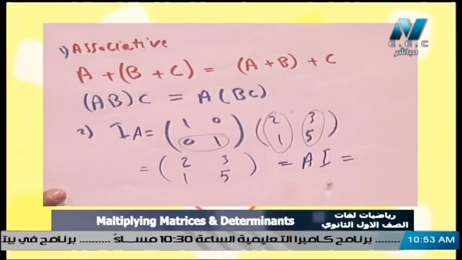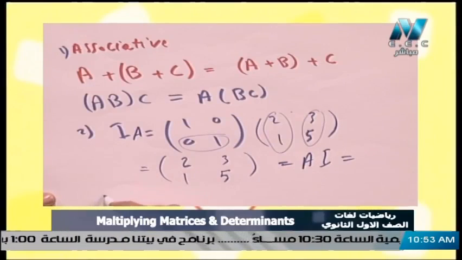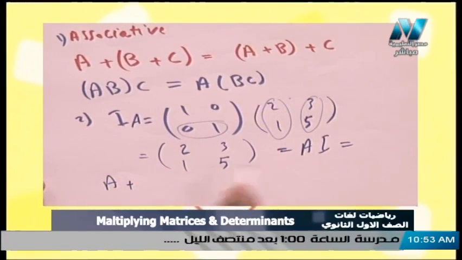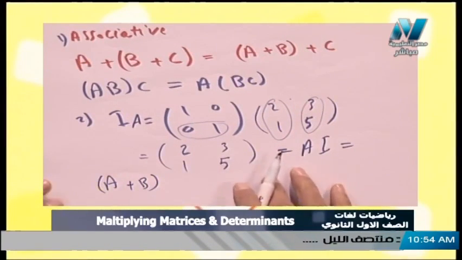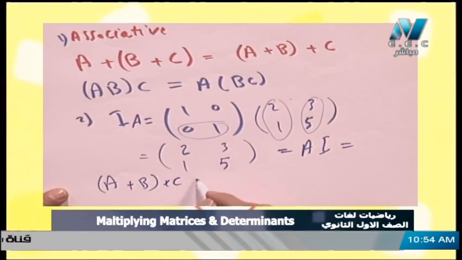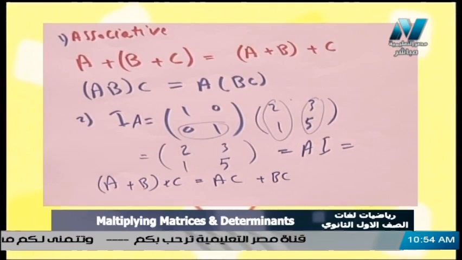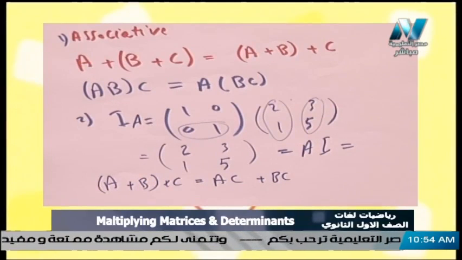Okay. If we have also A plus B multiplied by C, the answer will be AC plus BC, as a distributive property.